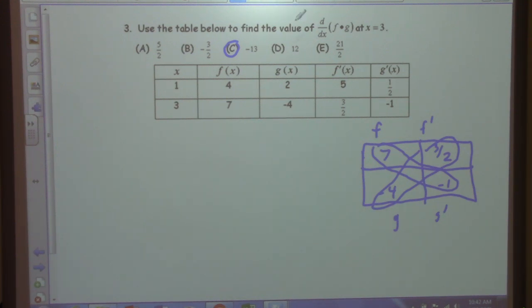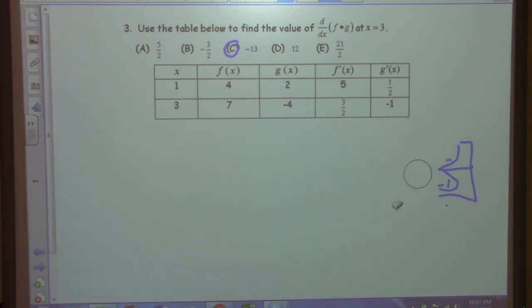Okay, so yeah, Kylie's right, this is a product rule application. When you see a multiplication symbol, you should think that. Or if it just said FG, you should think that too. If you see a division bar, if you saw F divided by G, what should you think then? It has to be a quotient rule situation, right?